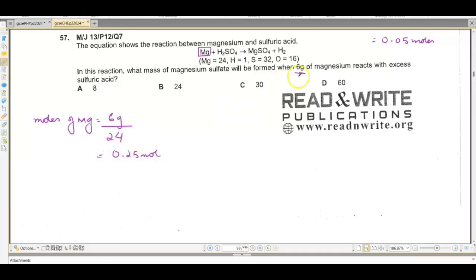Once we have moles of magnesium, we can simply find the moles of magnesium sulfate. The moles for magnesium and magnesium sulfate would be the same because they are in the 1:1 ratio.